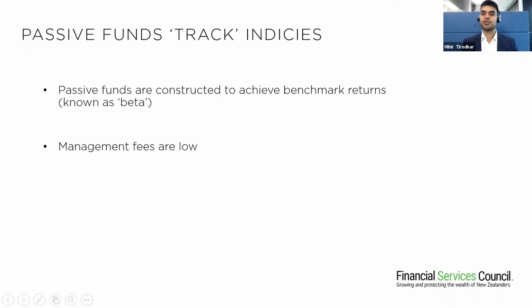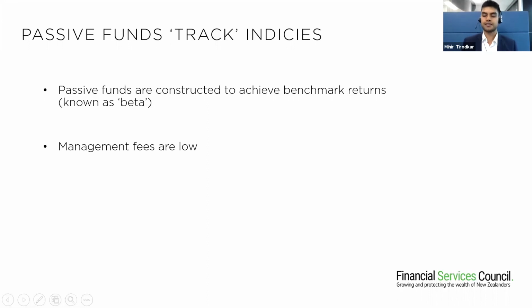Passive funds track these indices. They attempt to replicate the benchmark by holding the same stocks or similar stocks or bonds or cash products, depending on what the benchmark is, and achieve the same returns. This is sometimes known as beta or just investing in the market.